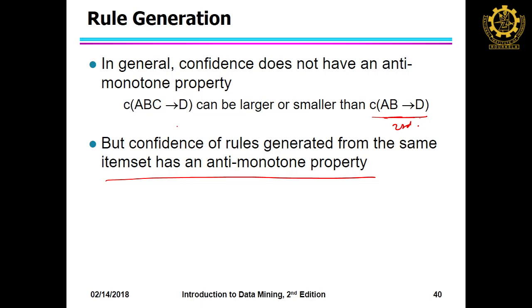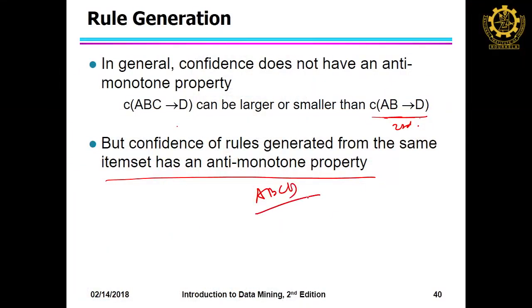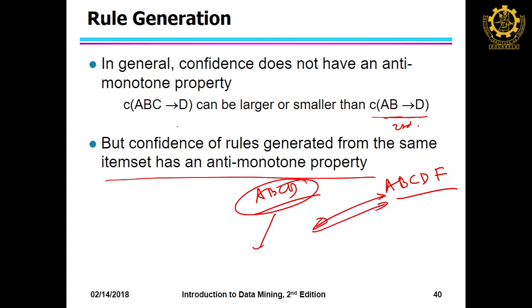From the same item set, let us say A, B, C, D, we can generate many rules, and those rules follow the anti-monotone property. But another frequent item set is, say, A, B, C, D, F. There is no mixing between this one and this one, but rules generated from the same frequent item set follow the monotone property.